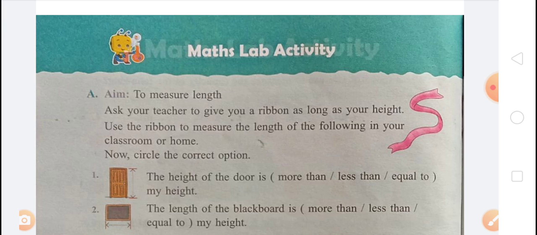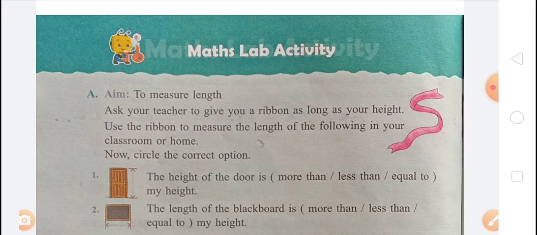Next is measurement of capacity. You know that a bucket holds less quantity of water than a river, so a bucket has less capacity than a river. The capacity of a container is the maximum quantity of liquid it can hold. We need different units to measure capacity, like milliliter. Milliliter is a unit of capacity.